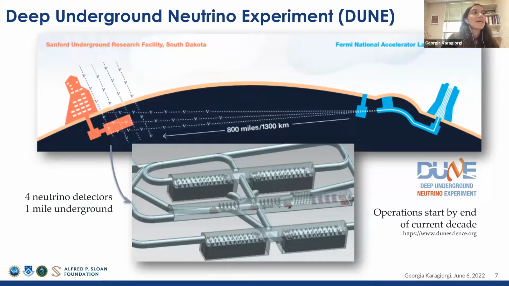But a much bigger and more monstrous version of that detector is actually being planned for construction in the US, with anticipated start of operations as early as the end of the current decade. And so this is the Deep Underground Neutrino Experiment. It is a massive project, a billion-dollar-scale project, which will be based in the US.